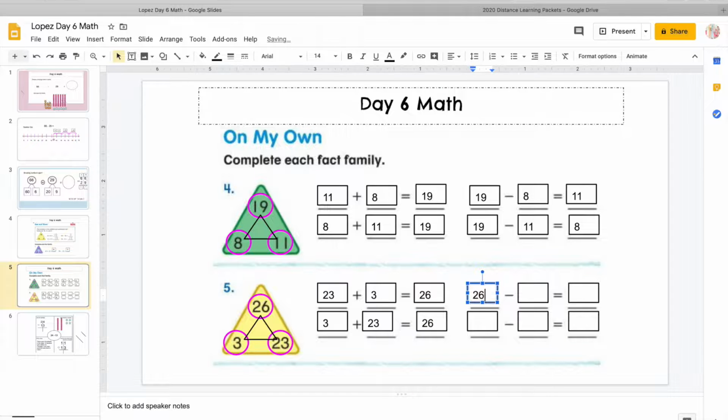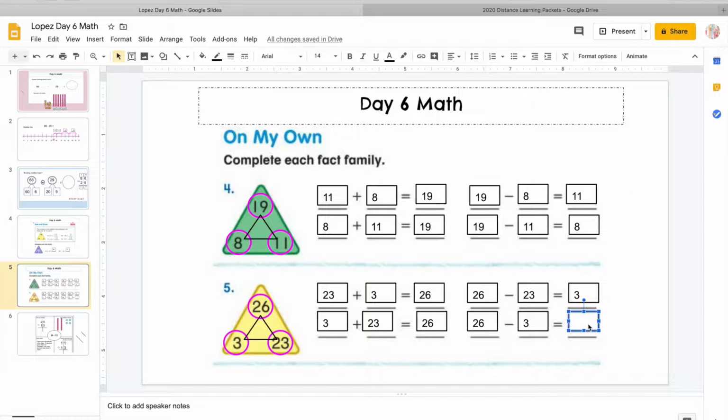So we're going to start with 26 minus 23 equals 3. And now we're going to reverse these 2 numbers, starting with the largest number. 26 minus 3 is 23. Okay, so just your basic fact families. Again, remember those same 3 numbers are going to be in each equation.